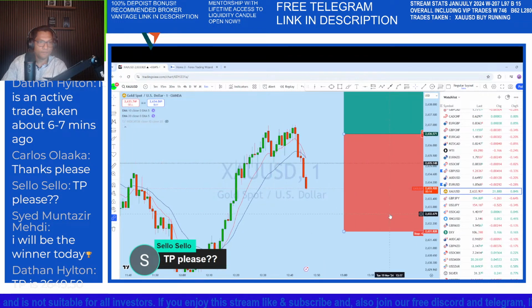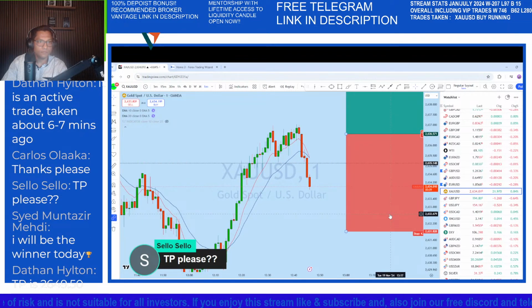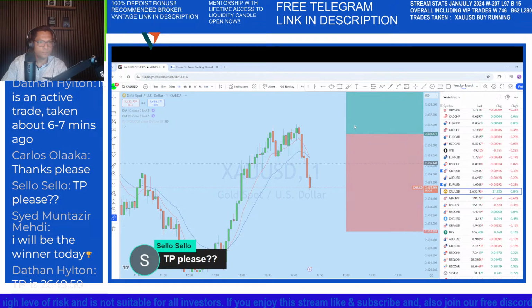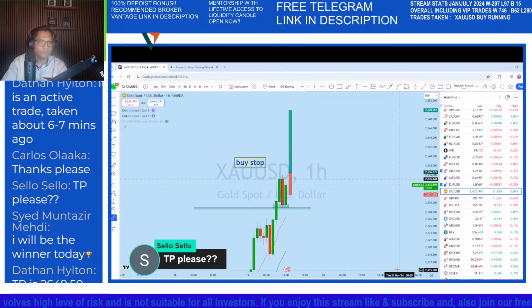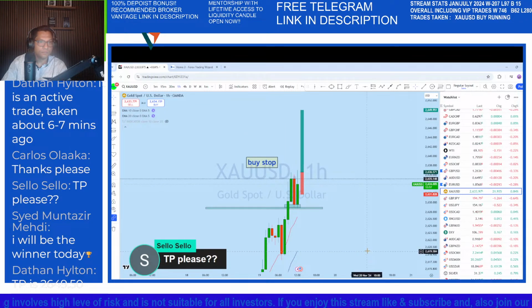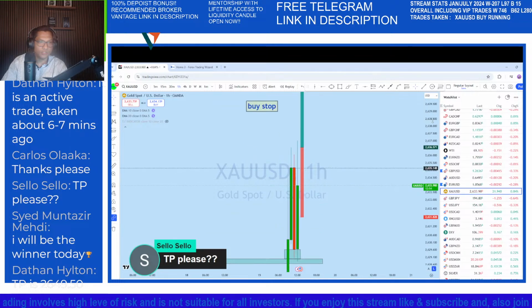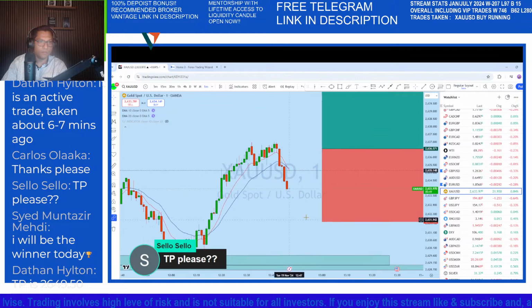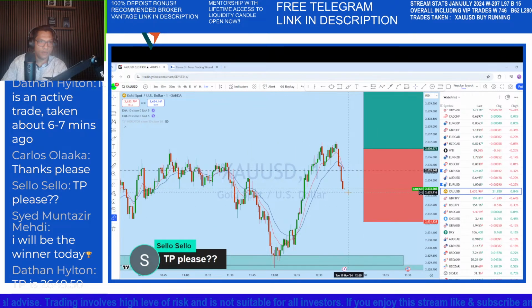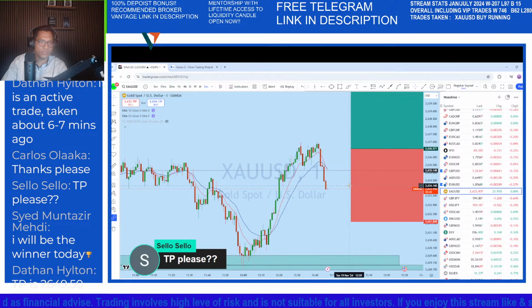And like that break might just return again, giving a little bit of what I would say a break of the structure. And if you look at here, it's now below the support.